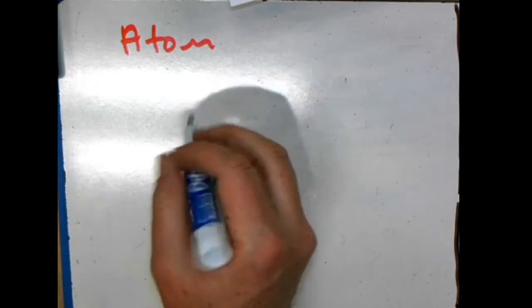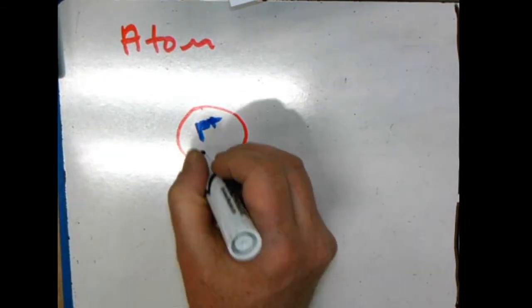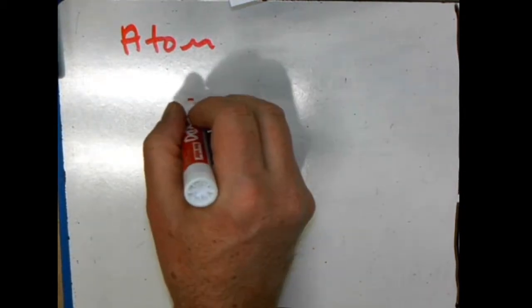We're talking about the protons. Remember, those are in the center of the atom, in the nucleus, along with the neutrons. So you have protons and neutrons in the center of your atom.